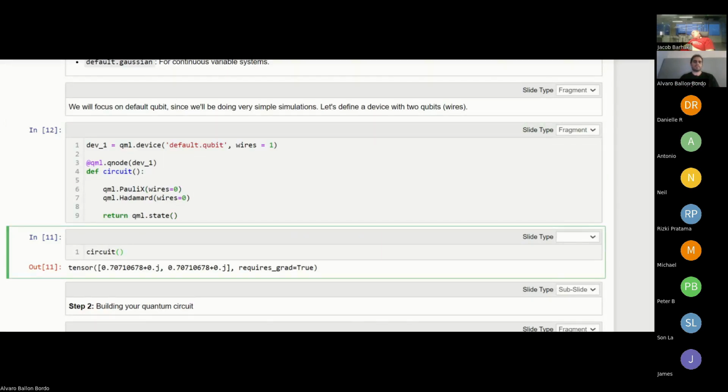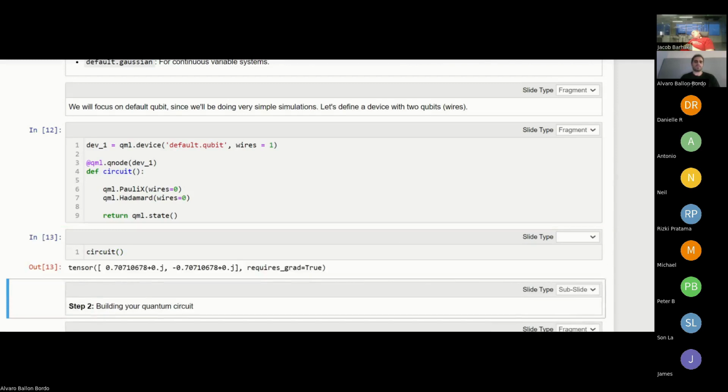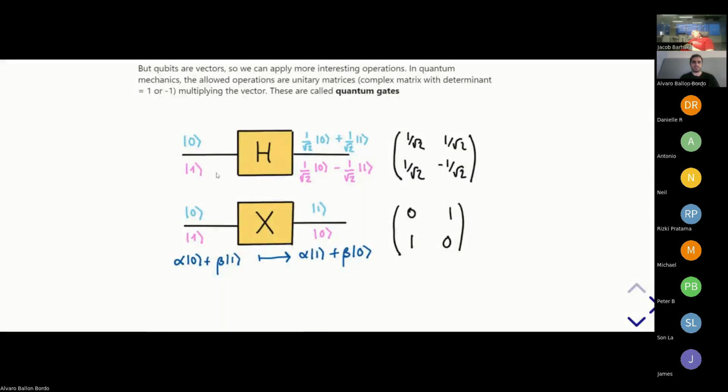And if I run this, I get 1 over square root of 2 minus 1 over square root of 2, which is precisely what I promised here, right? 0 became 1 because of the X, and then this 1 became 1 over square root of 2 minus 1 over square root of 2, which is what we are seeing there.